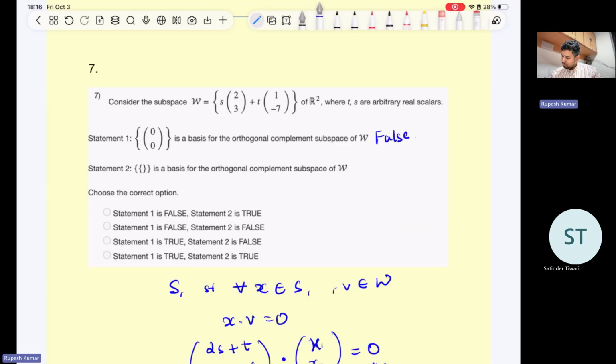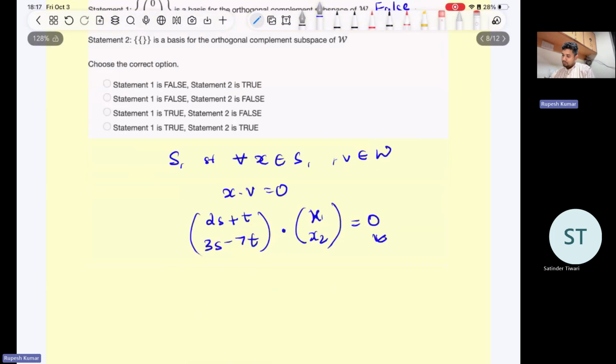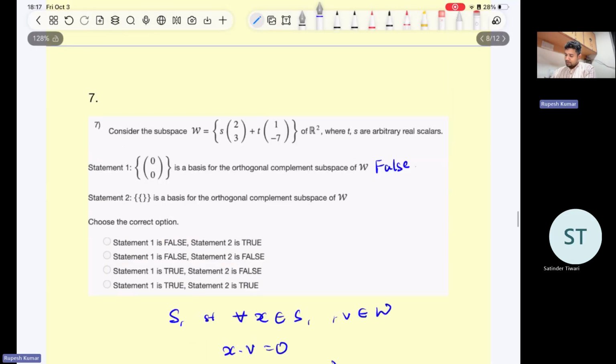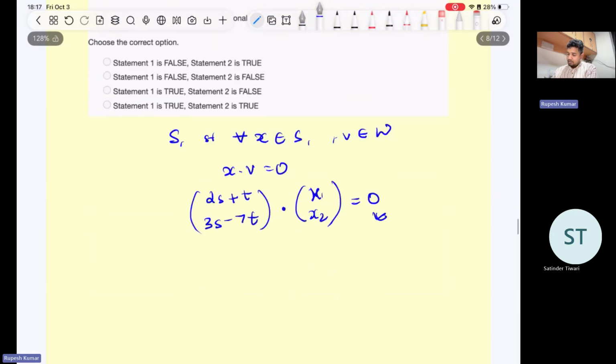Then go to statement two: the empty set is the basis of the orthogonal complement of W. For a basis, the properties are that it should be linearly independent, and it should span the space.